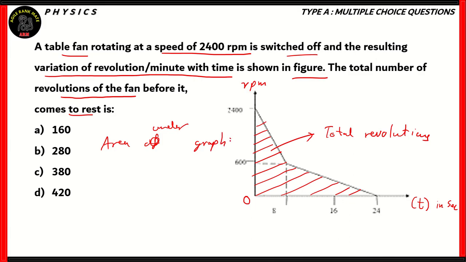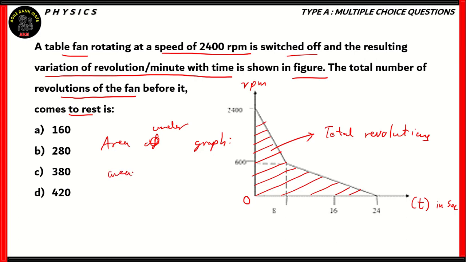So if you look at it from here, you have a triangle, a square, and another triangle. So these three figures together give us the area under the graph.